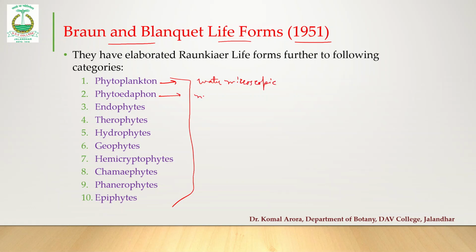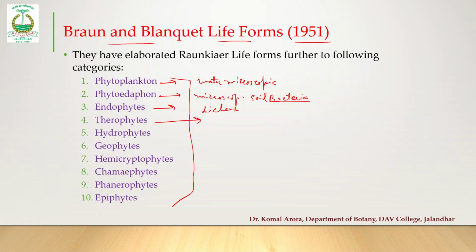These are also microscopic, but these are in soil. For example, bacteria. So they considered bacteria as a life form in the plant communities, right? They are present in soil. Then we have endophytes. You all know what endophytes are? The organisms which live in other organisms, which are completely inside the other organisms. And we see this in case of lichens, right? Similarly, we see in animals also endozoophytes.